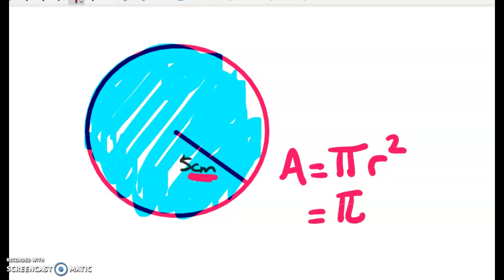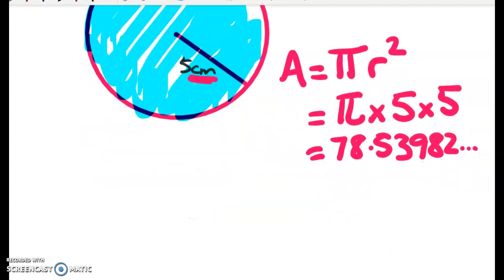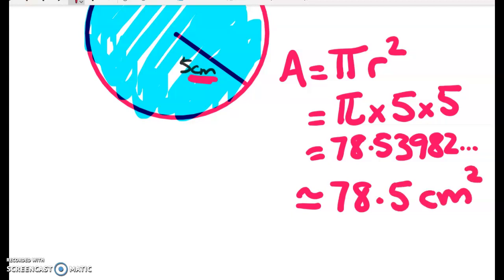So it's equal to pi times 5 times 5, which is 25 times pi. And that gives me an answer here of 78.53982 and so on, which is a pretty silly number. So we're going to round that to 78.5 centimetres squared. Okay, so that's your first example of how to find the area of a circle.